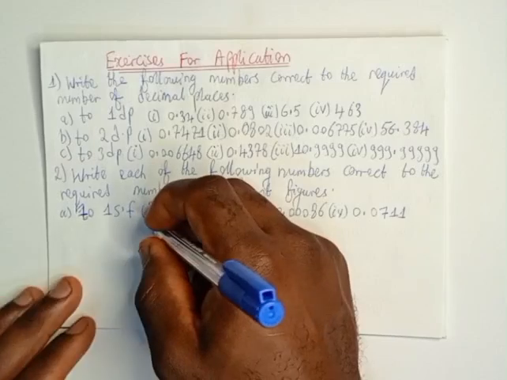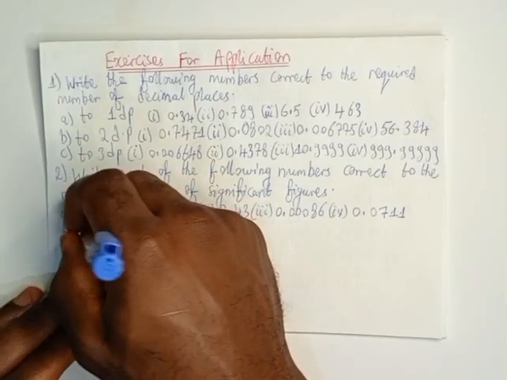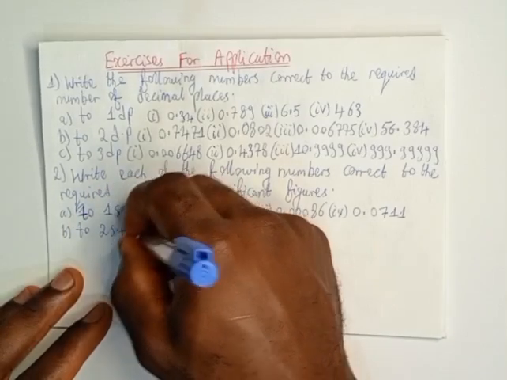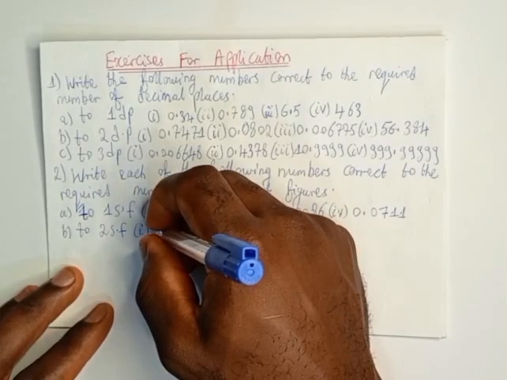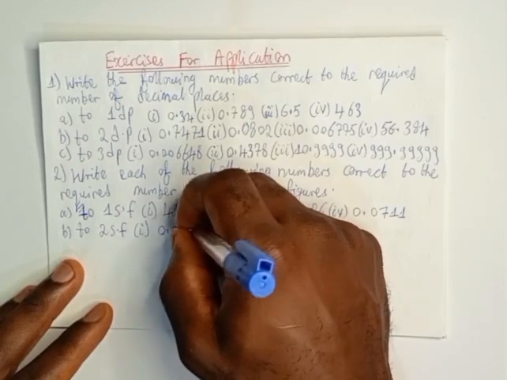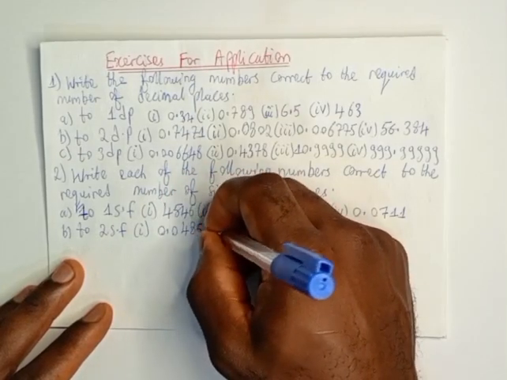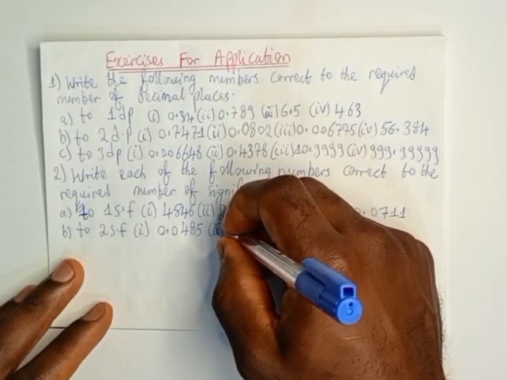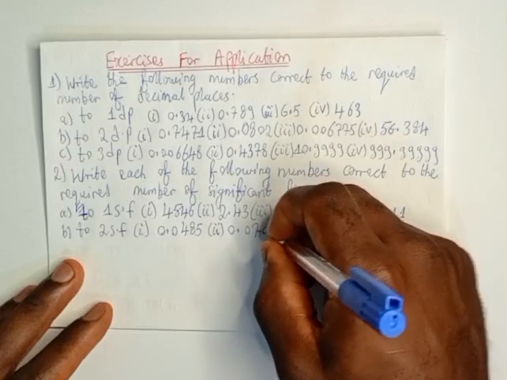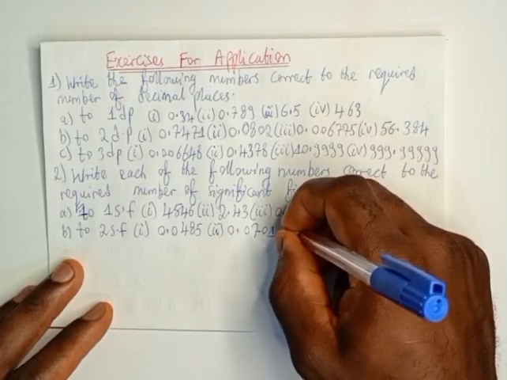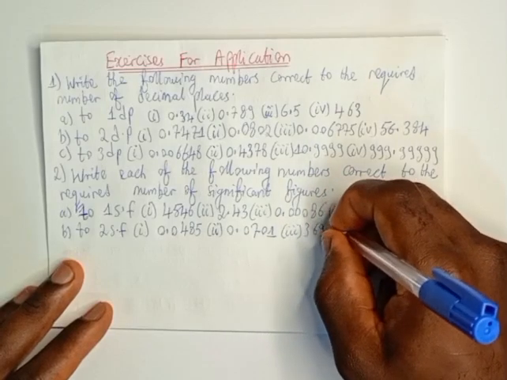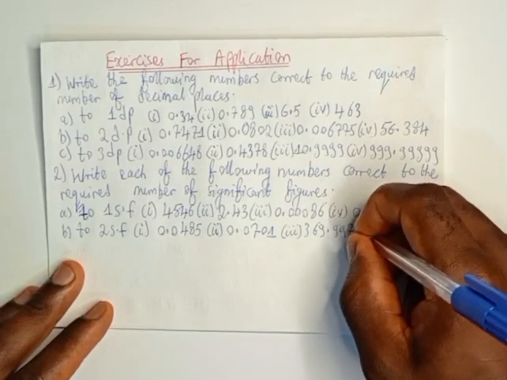We go to B, to 2 SF. For I, we have the number 0.0485. 2I, we have the number 0.0701. 3I, we have the number 369.997.